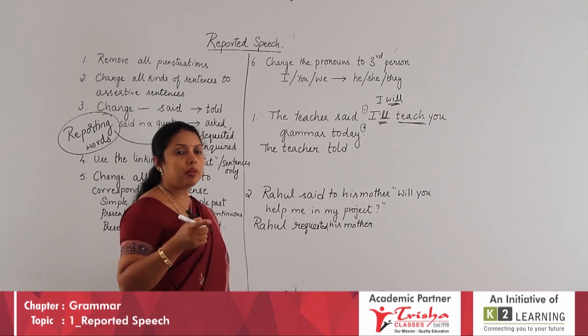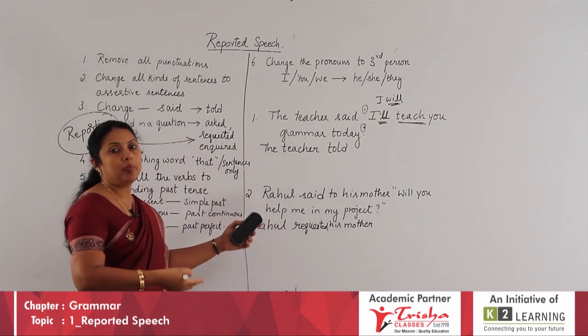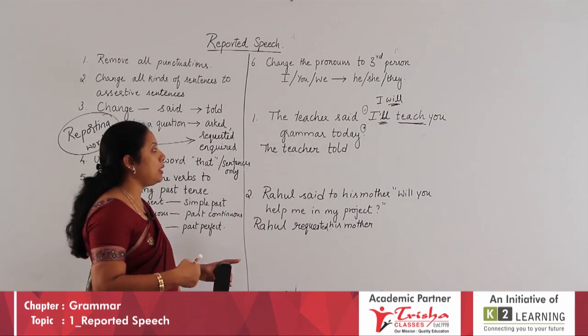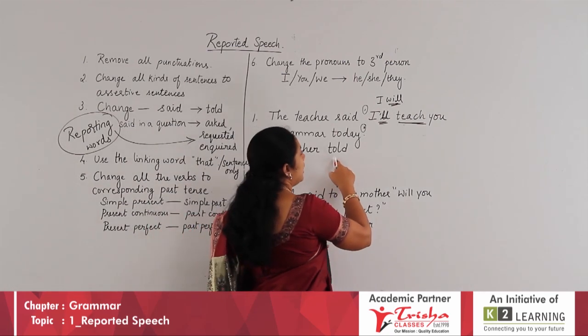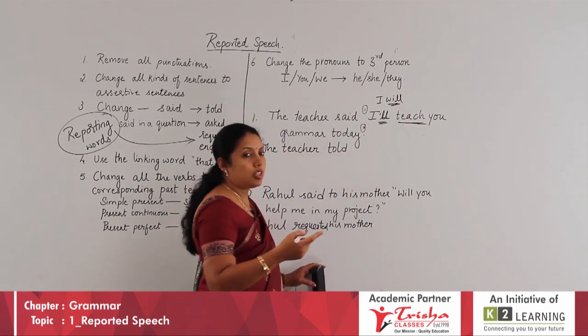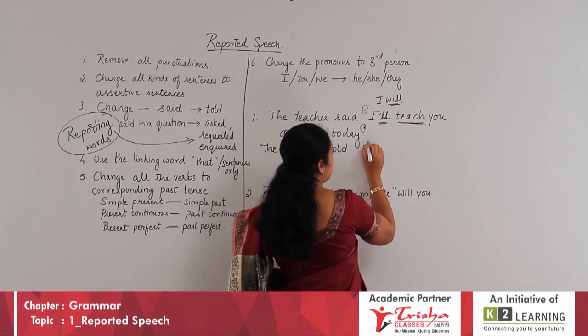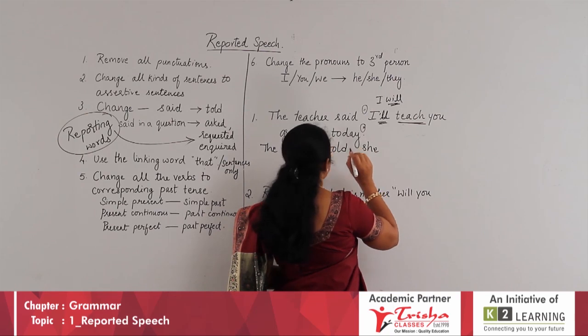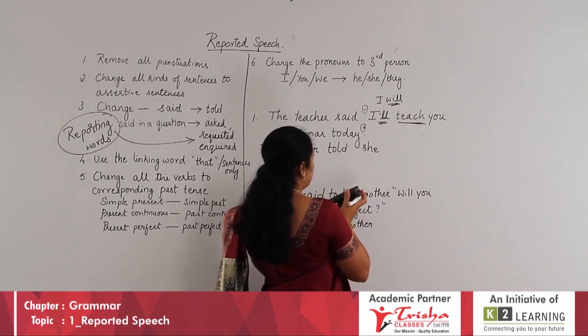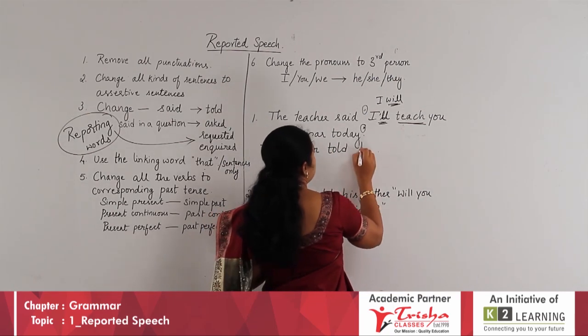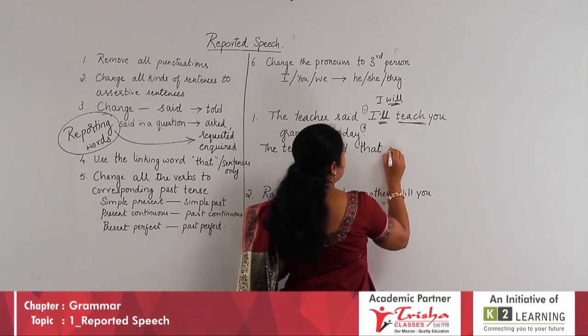So you will have to keep that in mind and then put that verb into the corresponding past tense. The teacher told that. We don't know the gender of the teacher, so it could be he or she, anything. So we will write it as she itself. The teacher told that she.